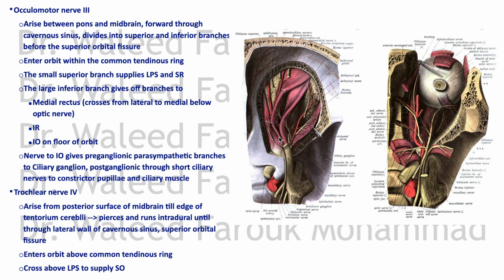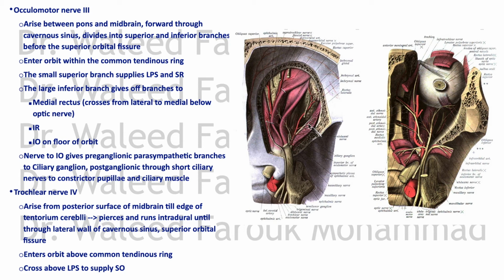Remember, it's outside the cone of muscles, and it supplies a sole muscle in the orbit, which is the superior oblique. So you have two muscles with a nerve, a complete nerve only for them, the superior oblique, the trochlear, and the lateral rectus, the abducens.